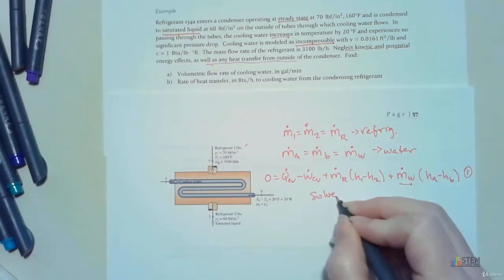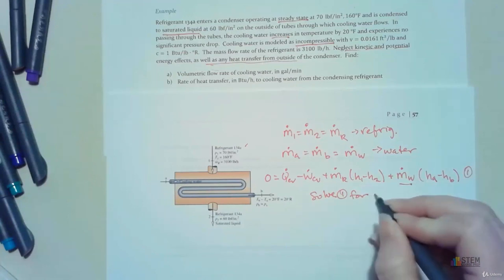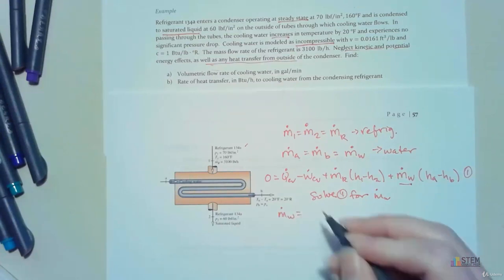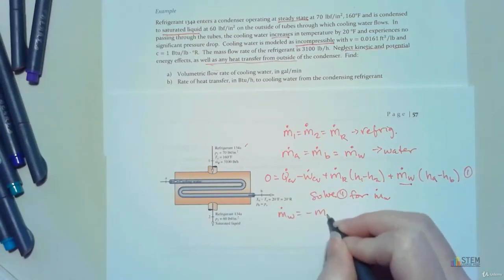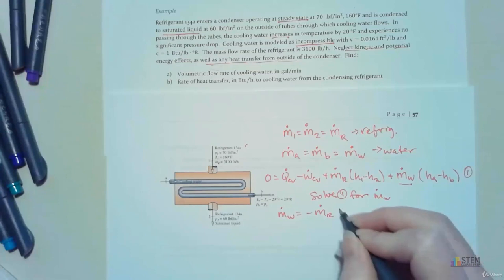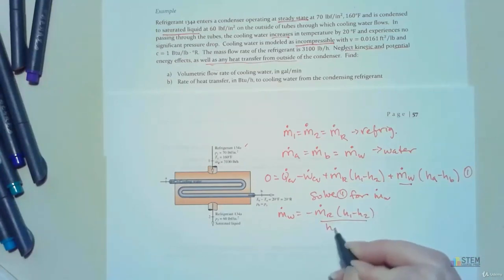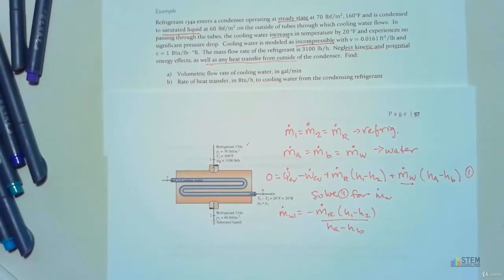So let's solve 1 for MW dot. If we do that, we get the mass flow rate of water equal to negative MR dot times (H1 minus H2) over (HA minus HB). So that'll be our equation.